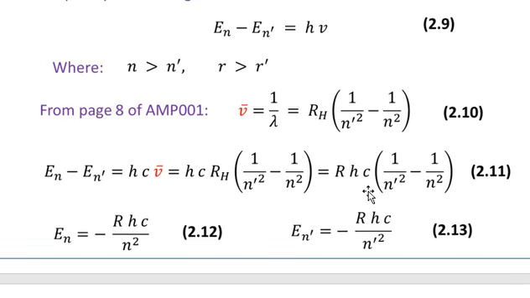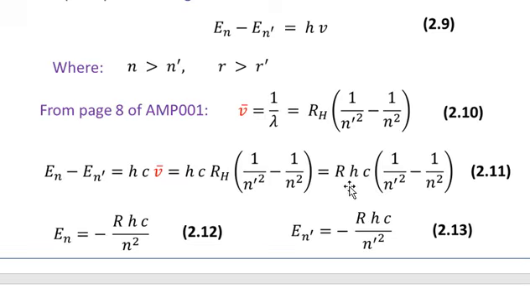Here you see that in the next step on the right hand side, I have dropped the subscript H with the Rydberg constant, because this relationship will now be applicable to all other atoms which are very similar to the hydrogen atom, that is, which have a single electron outside the complete shells. The electrons have completed shells and there is only one electron outside those shells. For those atoms, this relationship will also be applicable.